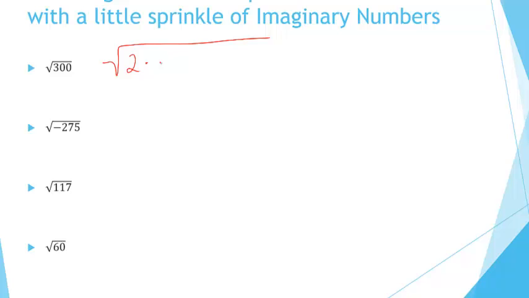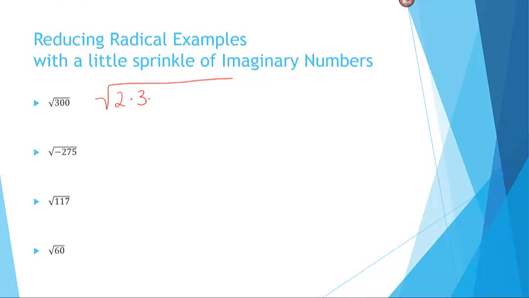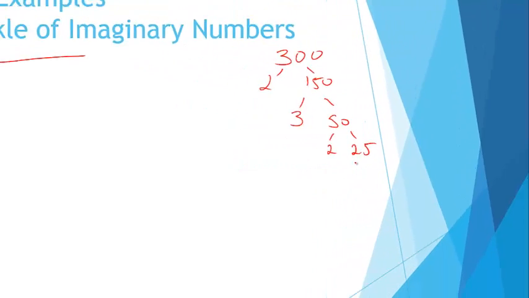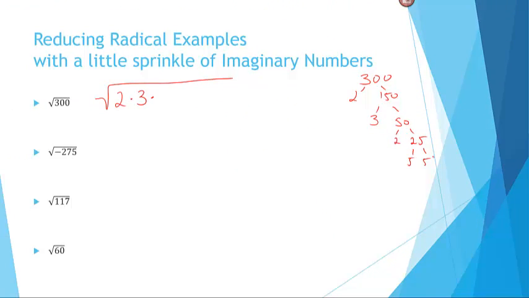Let's say 3 goes in 150, that's 3 and 50. What goes in 50? 2 and 25. What goes in 25? 5 and 5. So we're going to have 2, 3, 2, 5, and 5. 2 times 3 times 2 times 5 times 5. That is 300.